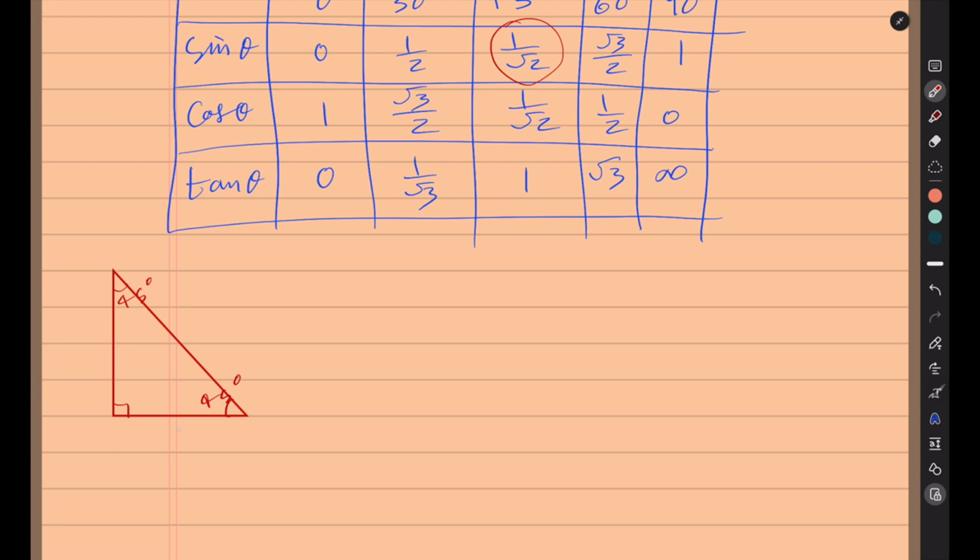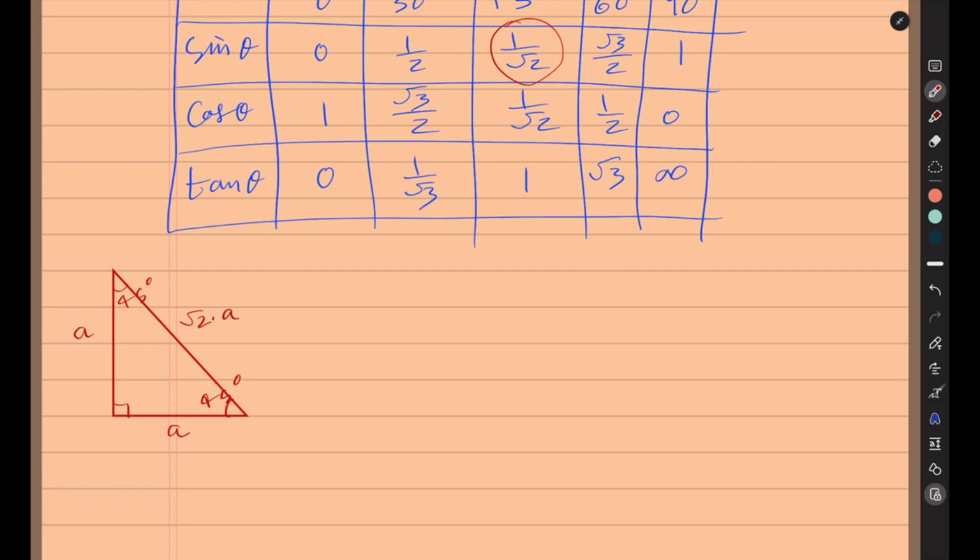Then this side will be a, this side will also be a, and we found that the hypotenuse h is equal to root 2a. You can refer to our previous pages in this video.